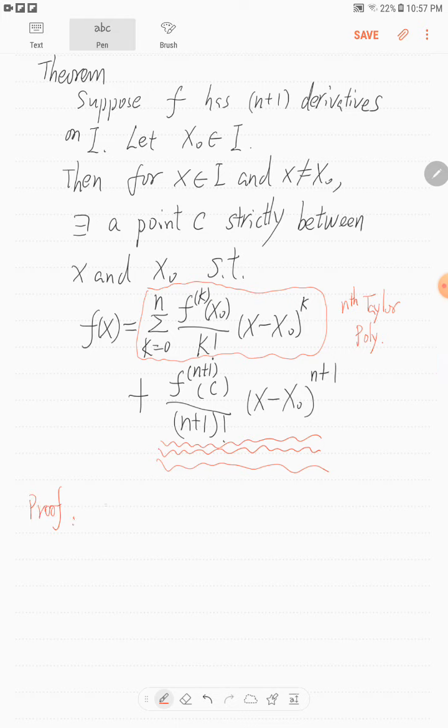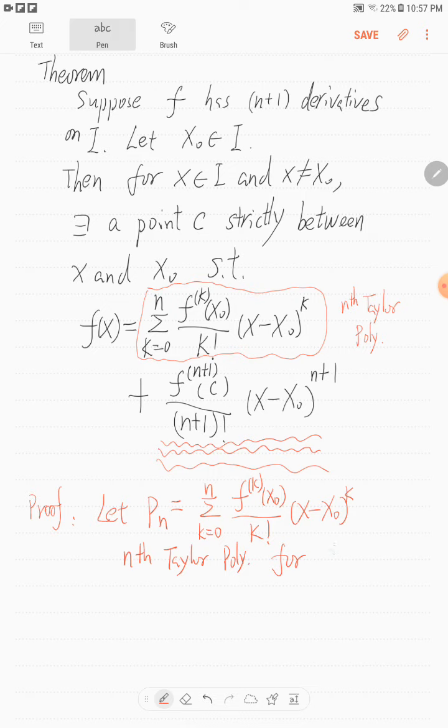We let P sub n be the nth Taylor polynomial, which is given by the sum over k from 0 to n of the kth derivative of f at x0 over k factorial times (x minus x0) to the power k. This is the nth Taylor polynomial for the function f at x0.